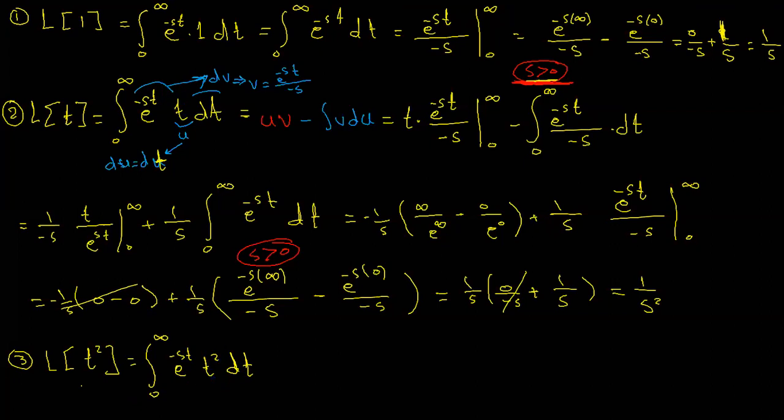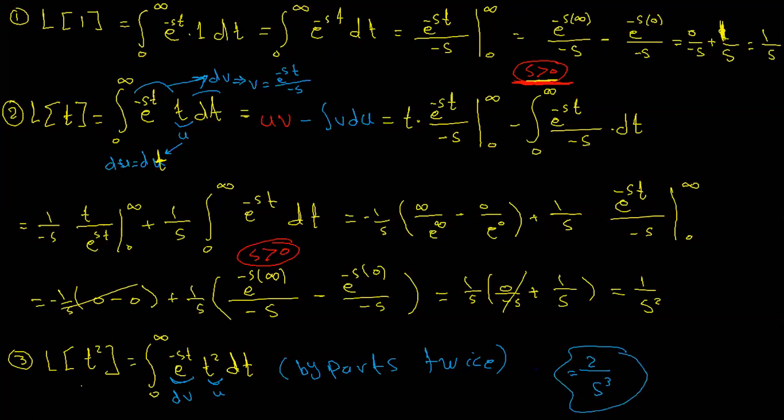Okay, so I'm going to choose this to be u and this to be dv, and you will apply by parts twice. You will get the final answer to be 2 divided by s to the power 3. This is the final answer. Please try to do the integration by parts twice and you have to get the same answer.